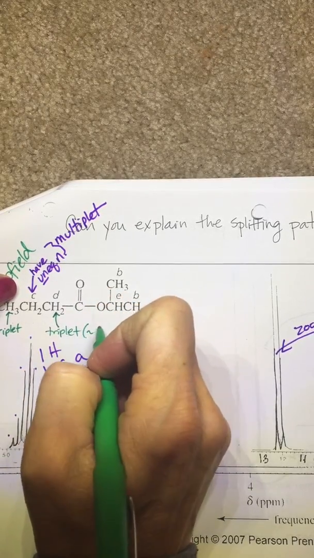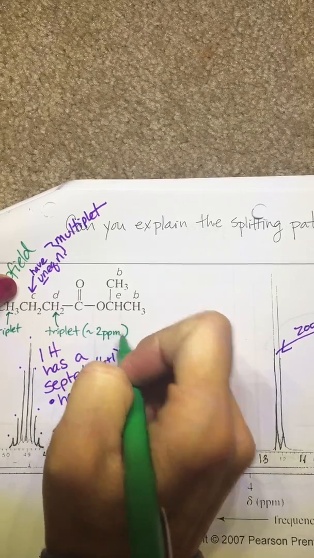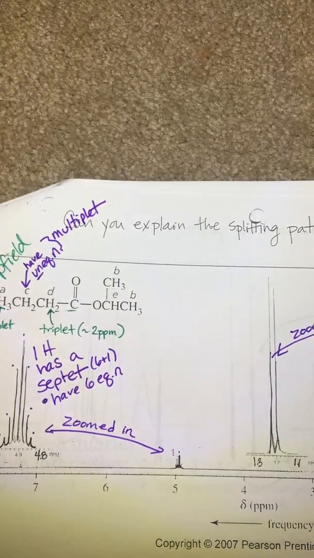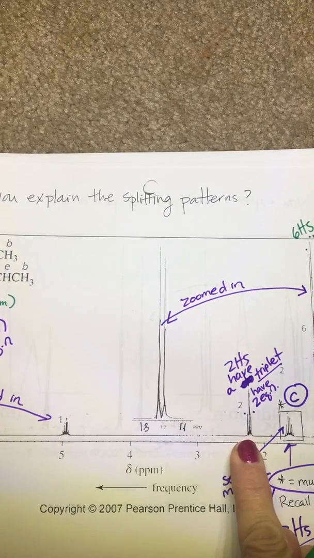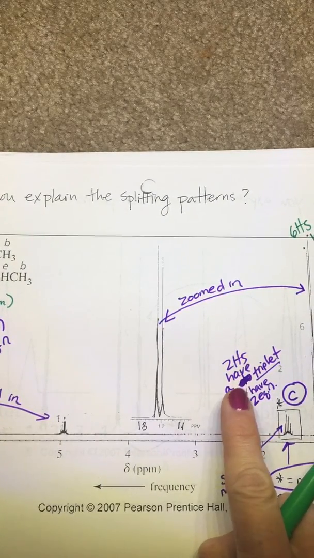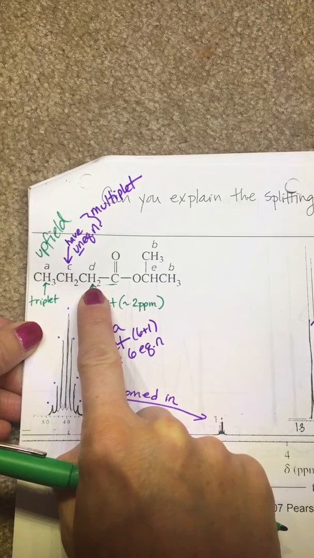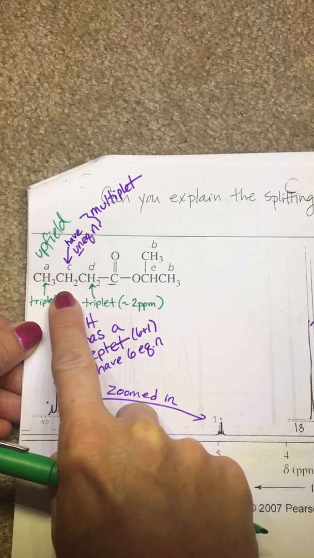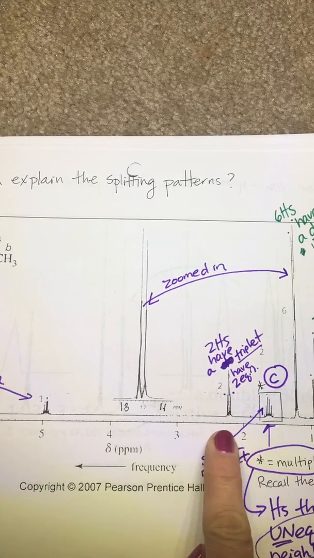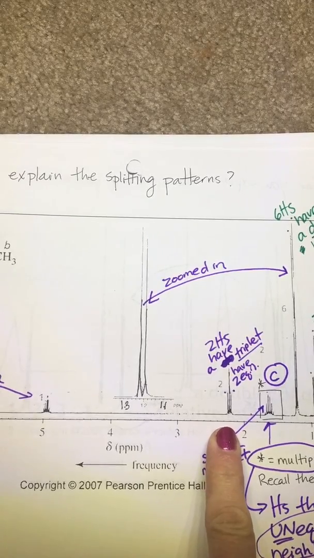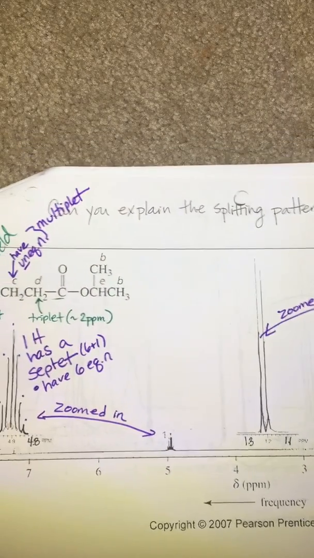And again, that would be right around 2 parts per million because we're adjacent to a carbonyl. Let's check for that triplet. Yay, there we have it. 2 hydrogens that have 2 equivalent hydrogen neighbors, giving that triplet. And of course, that region a little bit past the 2-ish number there. Okay, all right, so we're almost done looking at this one here.